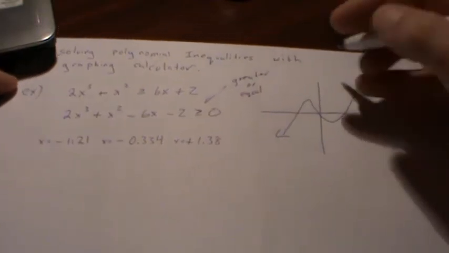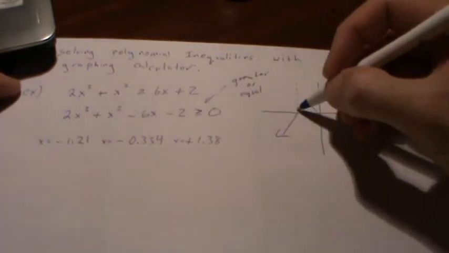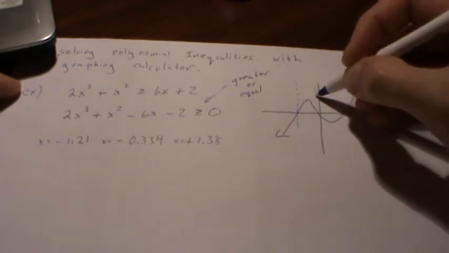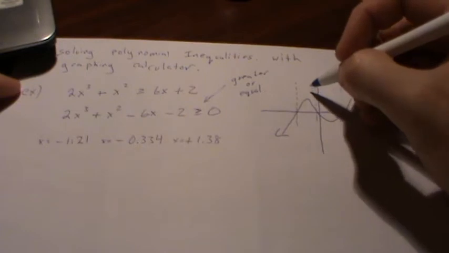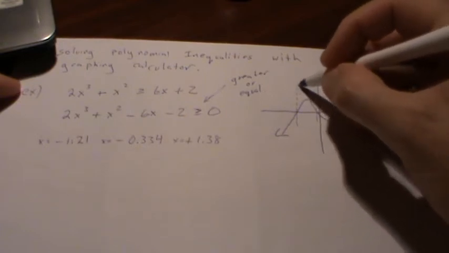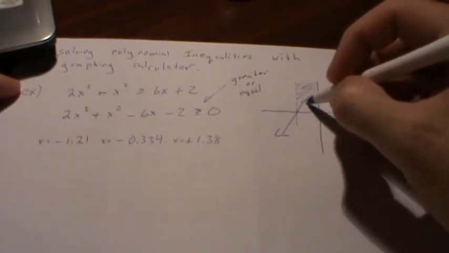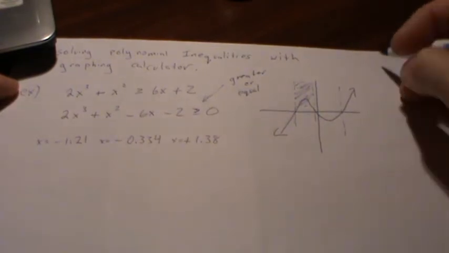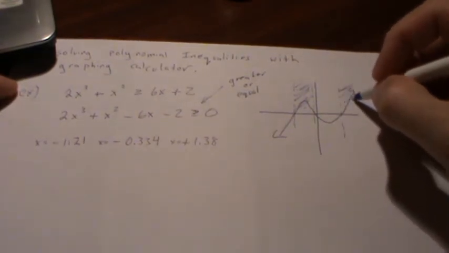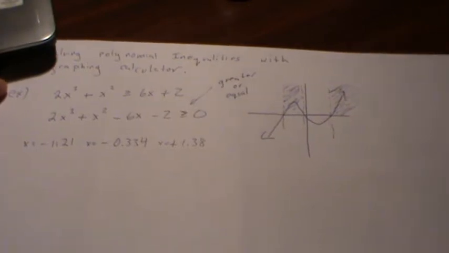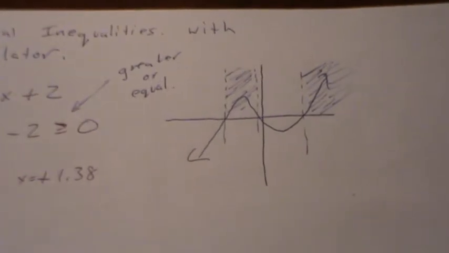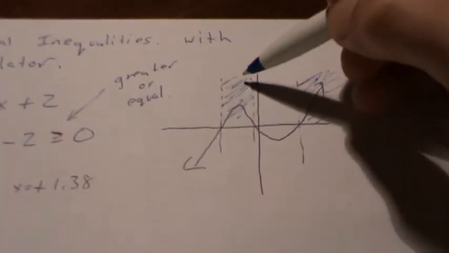And if I look at the graph here, and I focus in on this interval here, and this interval here going off until forever, that's when my polynomial is actually greater than 0.